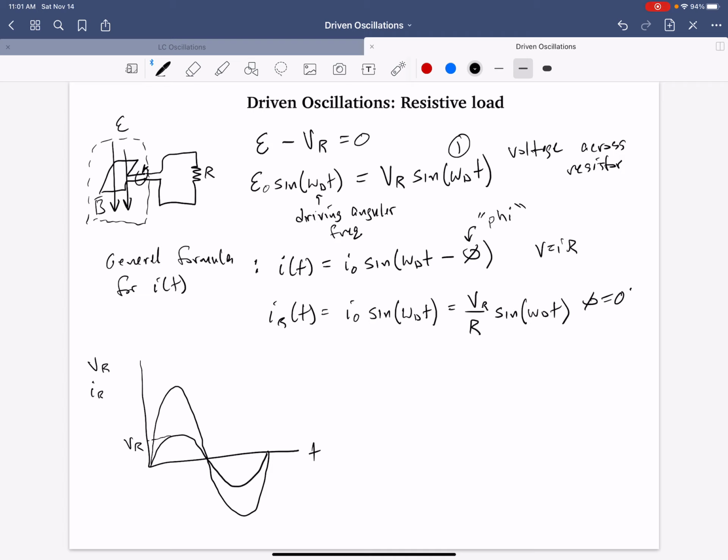Notice they're exactly in phase, and so the maxima of V and I are in phase because both sine arguments are exactly the same. There is no phi.